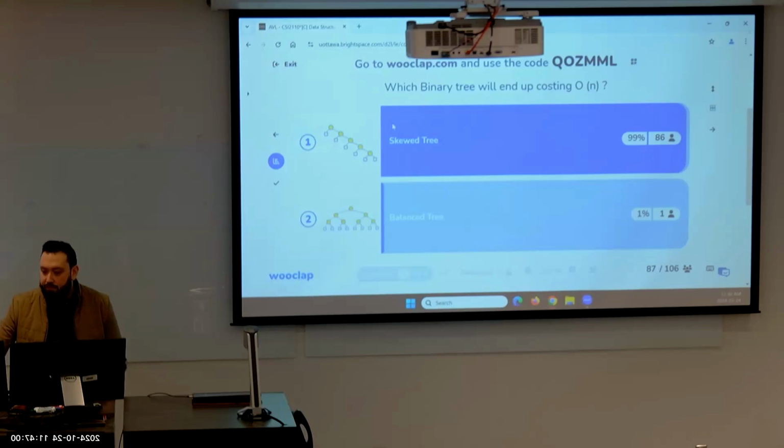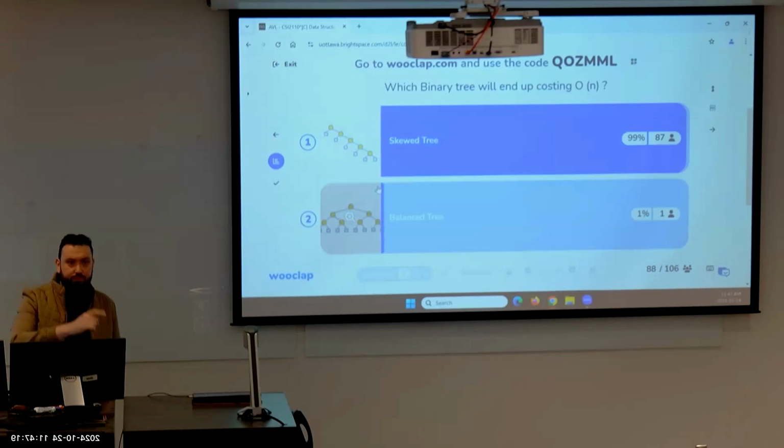This is too complicated. So guys, who can help me to understand why in a binary search tree this one is going to end up with O of n and not this one? Why not both? Student: Because normally it's always O of h. Very good.